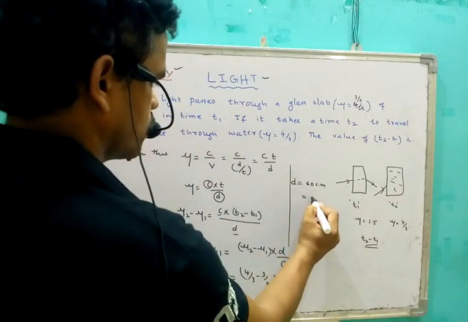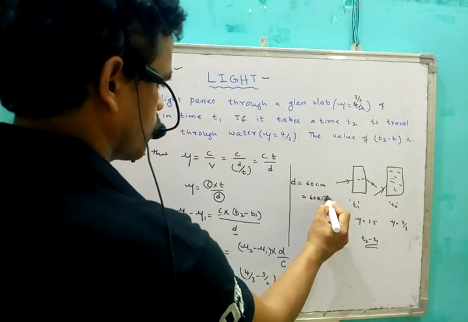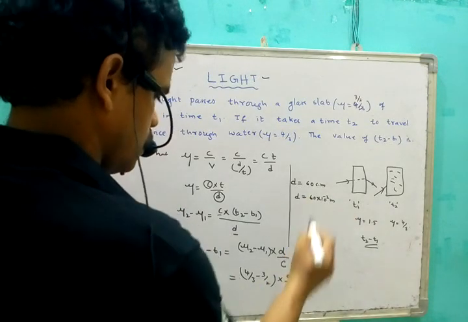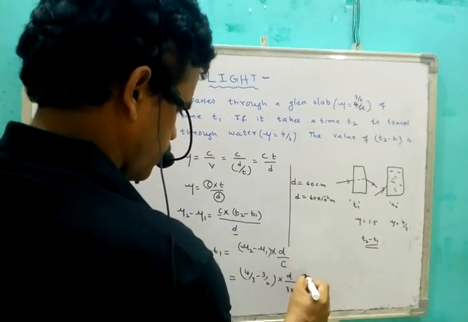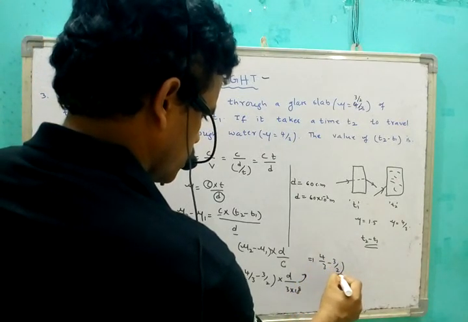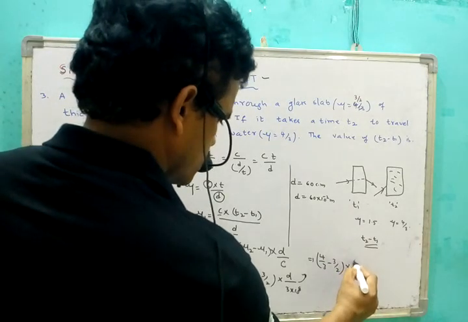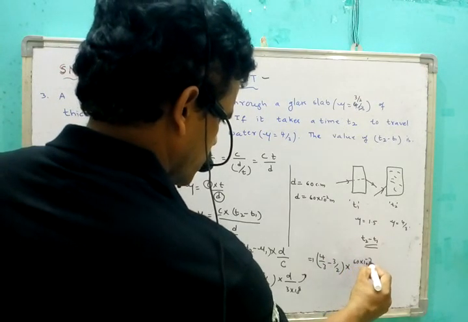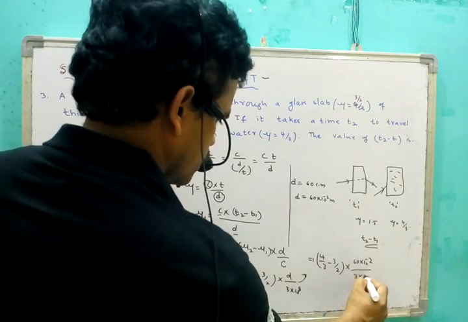So just convert into meter, 60 into 10 power minus 2 meter. Just substitute here: 4 by 3 minus 3 by 2 into 60 into 10 power minus 2 by 3 into 10 power 8.